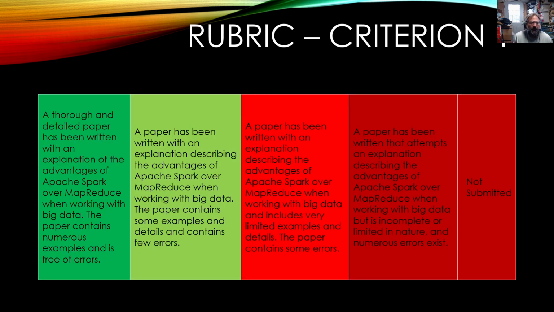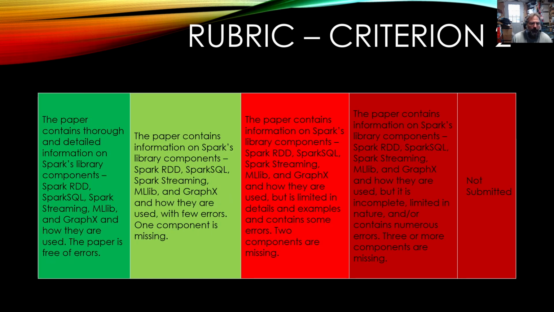A thorough and detailed paper has been written with an explanation of the advantages of Spark over MapReduce when working with big data. The paper contains thorough and detailed information on Spark's library components, RDDs, Spark SQL, Spark Streaming, MLlib, GraphX.